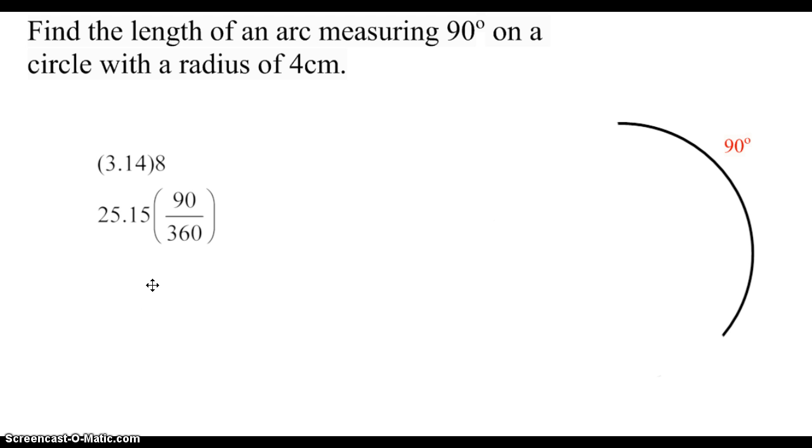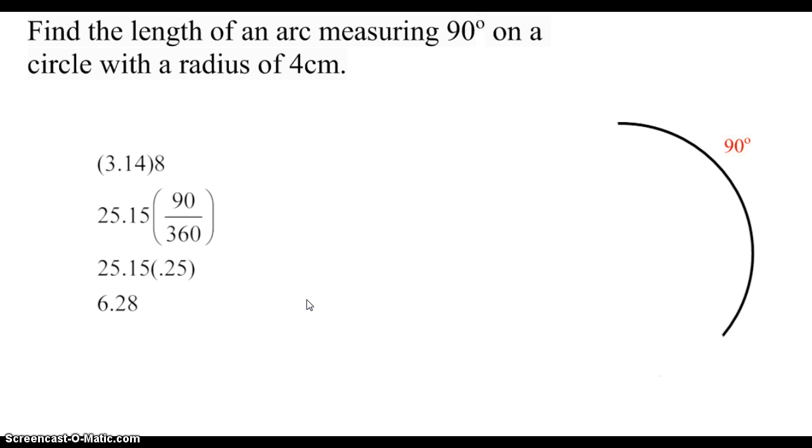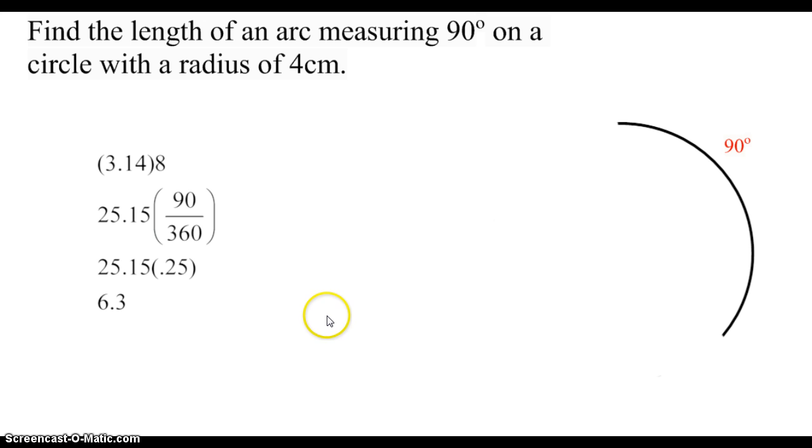It doesn't matter. You can put 90 over 360 in the calculator. Once I multiply 25.15 times 0.25, my answer is 6.28, or 6.3 is probably what I'll have us round to the tenths.